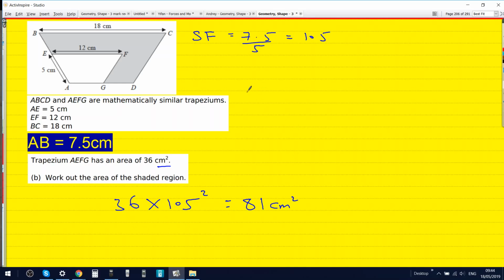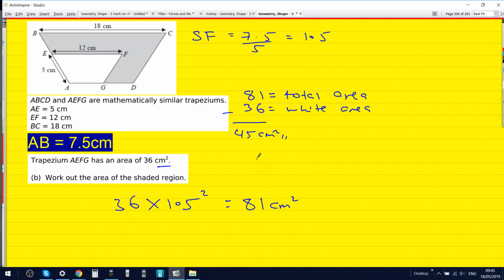No. So 81 is the total area. Yep. 36 is the white area. So if I just do 81 minus 36, I'll get the answer. Yeah. Okay. So 45. Yeah.